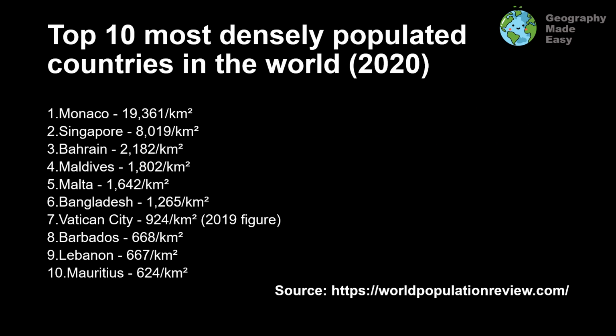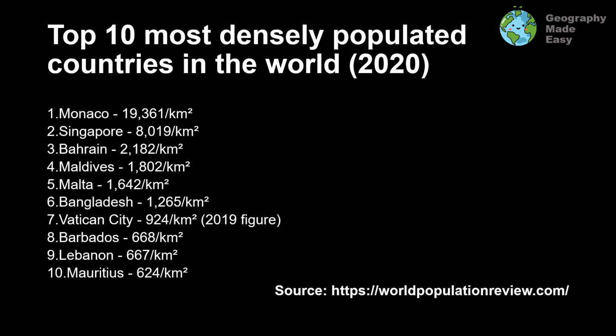Let us look at a few figures. These are the top 10 most densely populated countries in the world. These are small countries. The areas are also very small. Singapore ranks as the second country. It's a tiny country, and the number of persons living per square kilometer is very high, which is 8019.